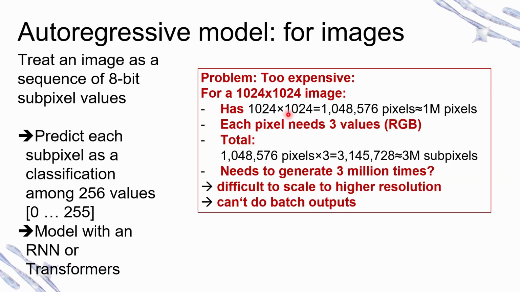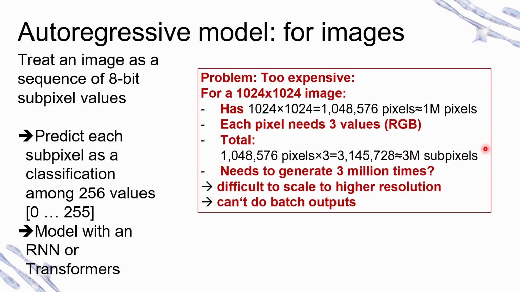If you have a 1024 by 1024 image, which is not particularly big or high dimension, that already gives us almost 1 million pixels. Given that each pixel needs 3 values, we have more than 3 million subpixels.